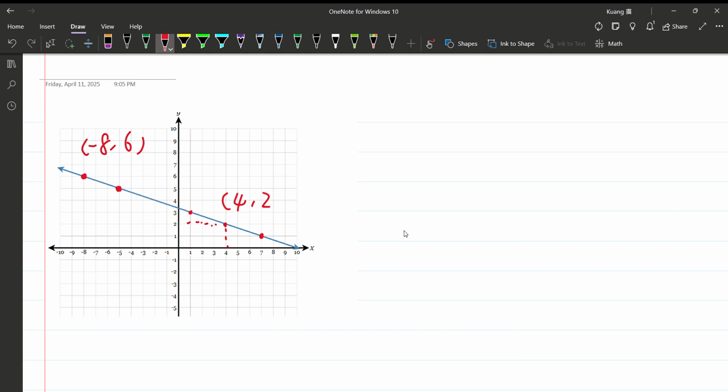4 and 2. So find the slope. The formula will be y1 minus y2 divided by x1 minus x2, right? So this is your x1, this is your y1, this is your x2, this is your y2. So you plug in the numbers.